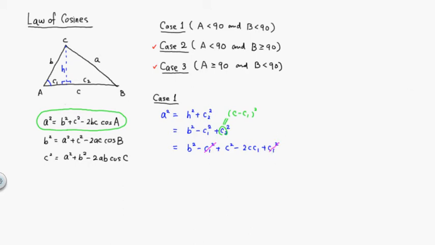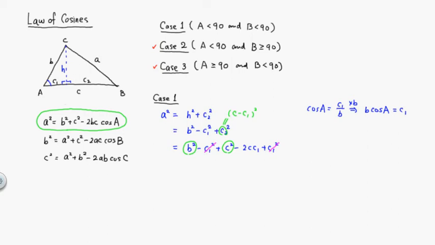So it looks like we already have what we want. We have b squared there, and we want to have c squared there. Somehow we have to get the cosine of A involved. Cosine of A is adjacent over hypotenuse, so c1 over b, which gives you, multiplied by b, b cosine of A is the same thing as c1.